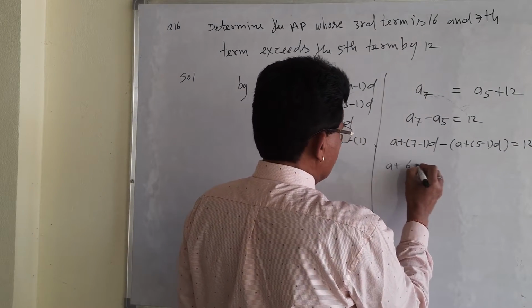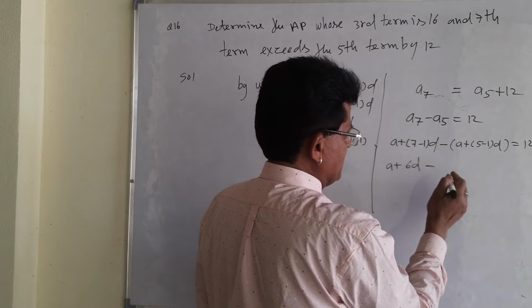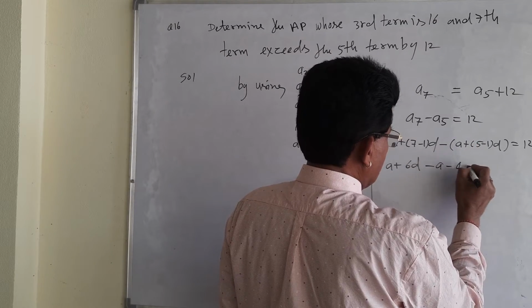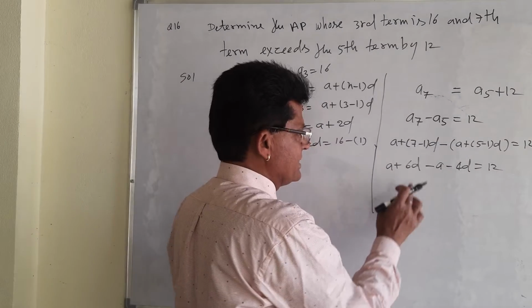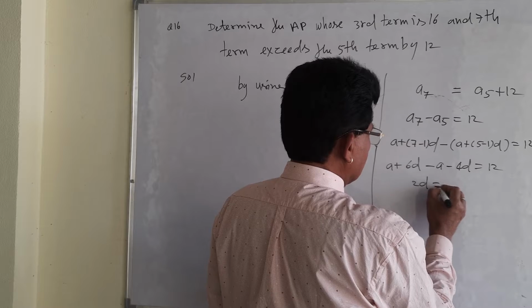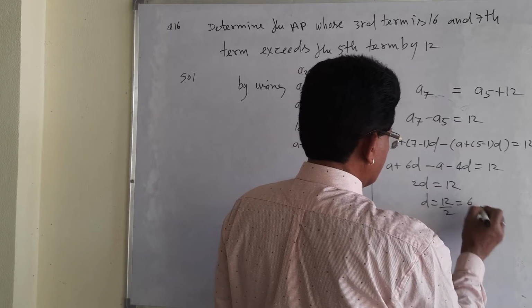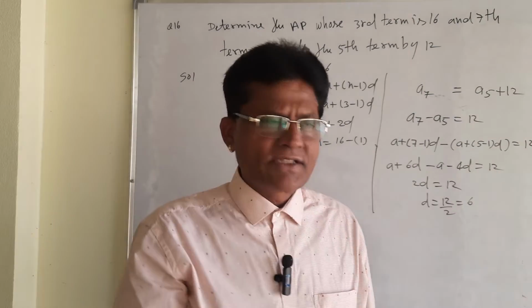A plus 6D, minus sign multiplied inside the bracket, minus A and minus 4D, is equal to 12. A will be cancelled by A, and 6D minus 4D will be 2D. It will be equal to 12, and D is equal to 12 by 2, which is 6. We got the value of D, that is 6.